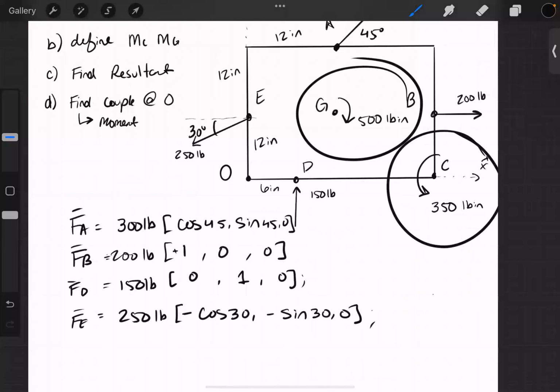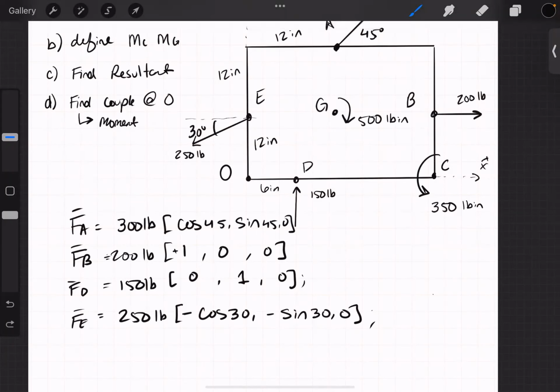Defining these moments. When thinking about the unit vector, what axis is a moment acting about? Up, so Z. Z is coming out of the plane. It is a cross product between X and Y. Cross product always goes in the third dimension.